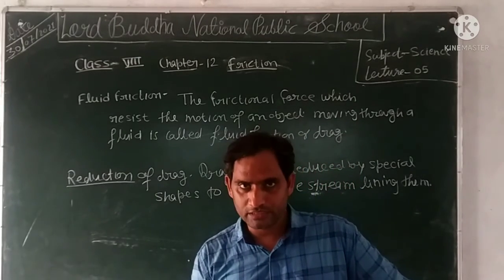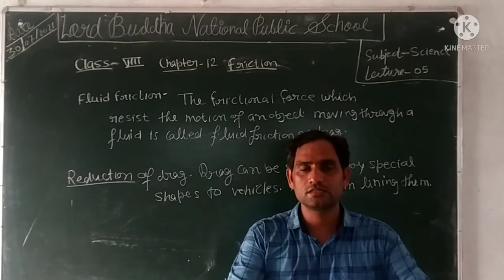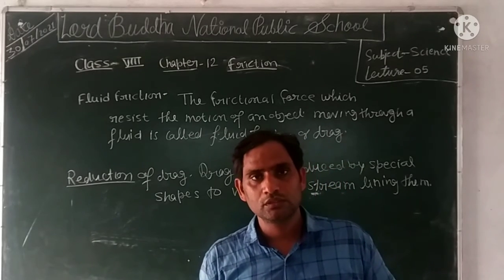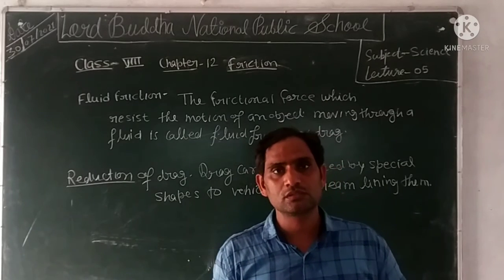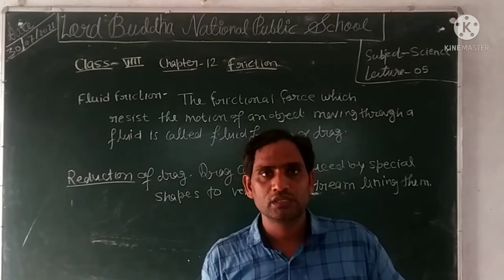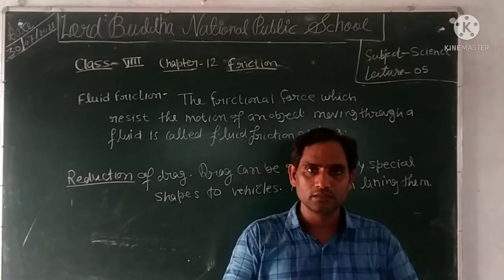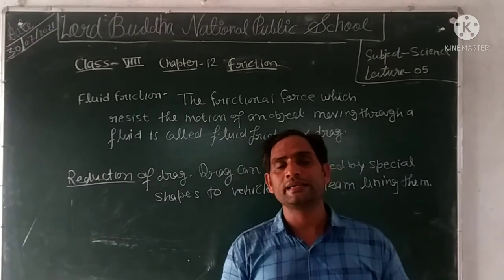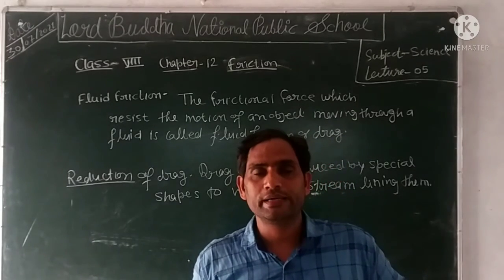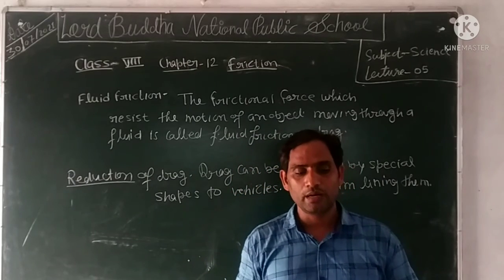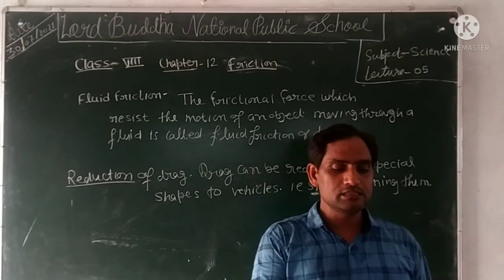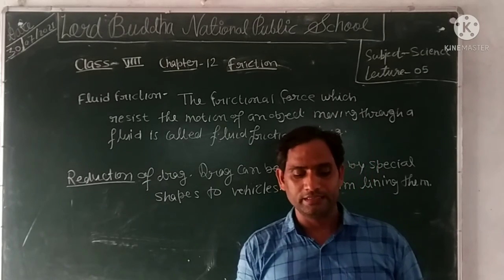When any object travels through fluid, then fluid applies a resistive force. That resistive force is known as drag, and it can be minimized or reduced by giving special shapes to the object, and it is the streamline.